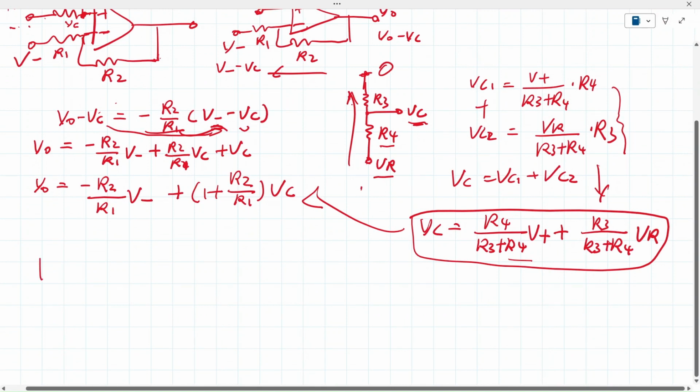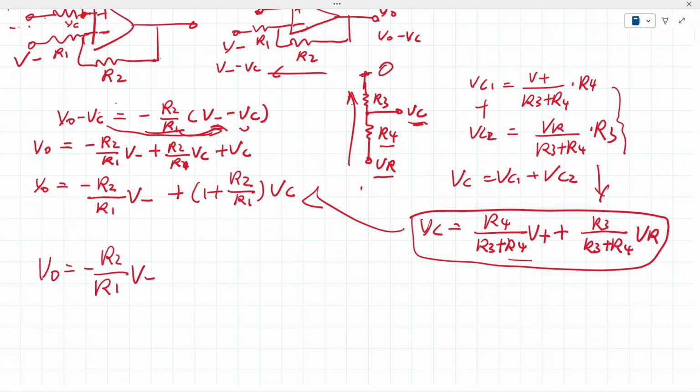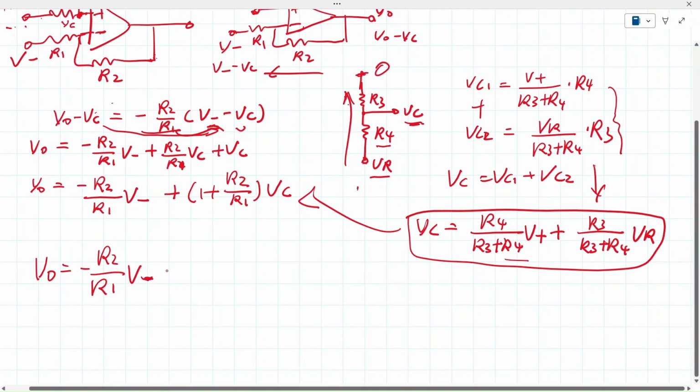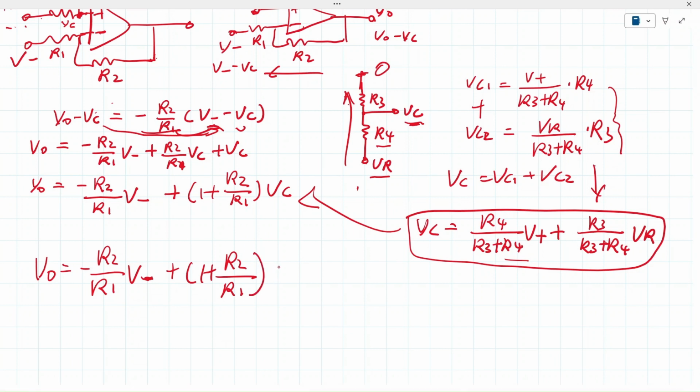Okay, so we have Vout equals minus R2/R1 V minus plus (1 plus R2/R1) times this whole thing here, R4/(R3 plus R4) V plus, and then plus R3/(R3 plus R4) VR.